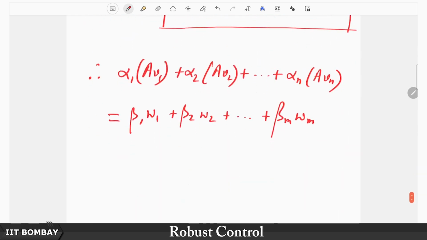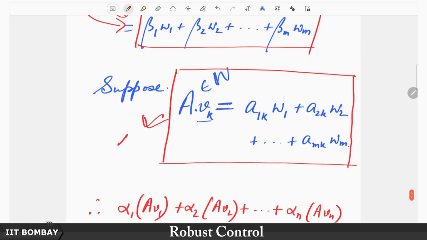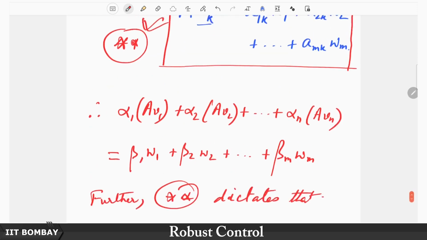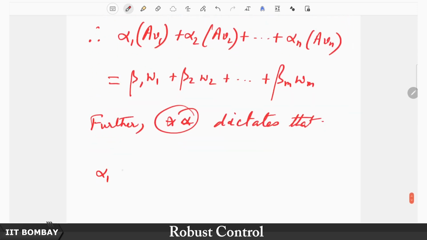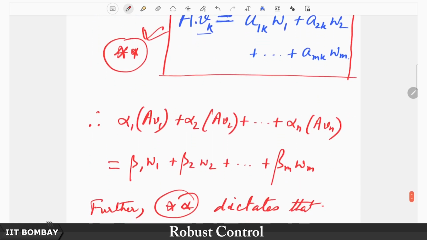But now, further, I am going to use this fact here, this star, let me put it as a double star. This double star dictates that alpha 1 times A V1 is equal to nothing but alpha 1 times, notice very carefully, I am just going to replace k with 1 here.